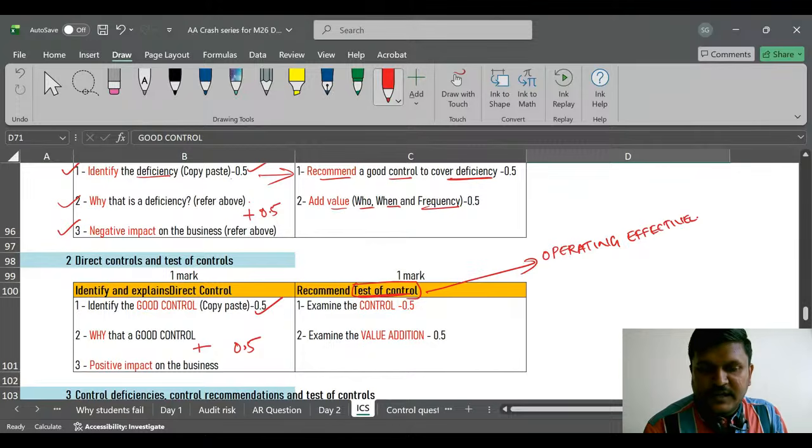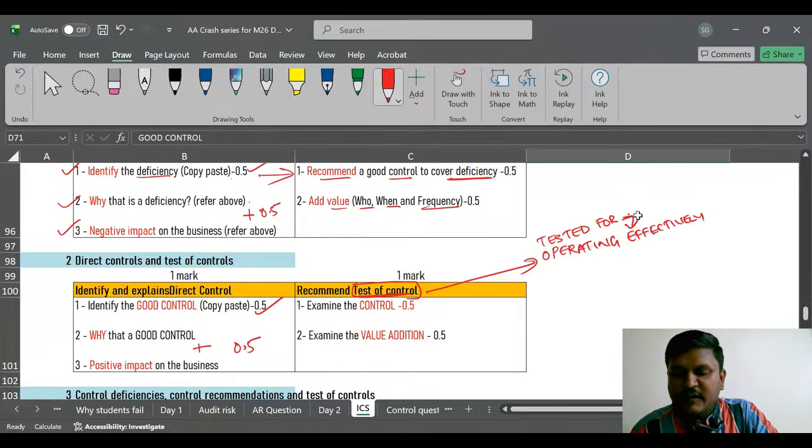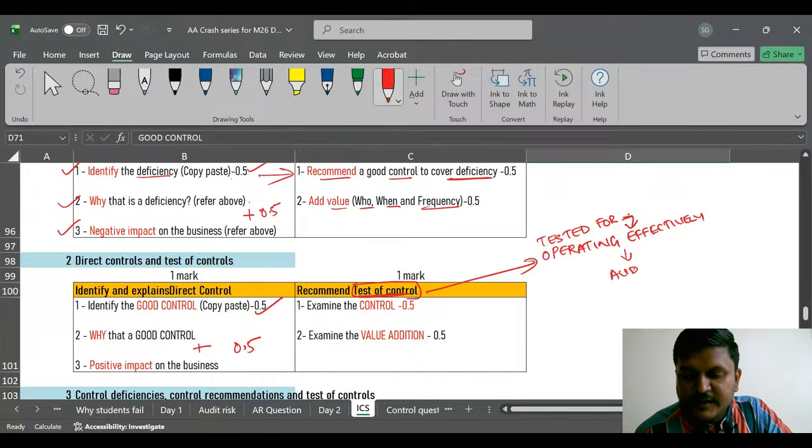That is the concept you will be looking into, operating effectively. I'll mention that we test whether controls are actually operating effectively, and this test is done by the auditor, not the management. This is the key.